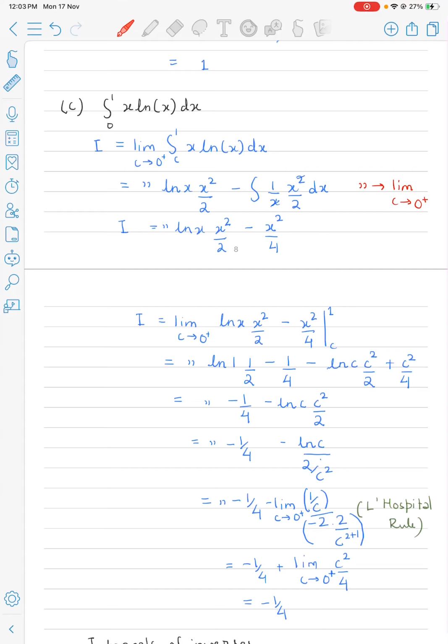Okay. So what do we do now in this question? You see, there is no case of the lower limit being infinite or the upper limit being infinite. We just have a discontinuity.